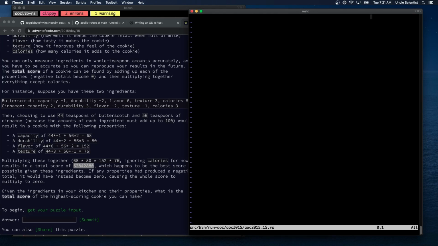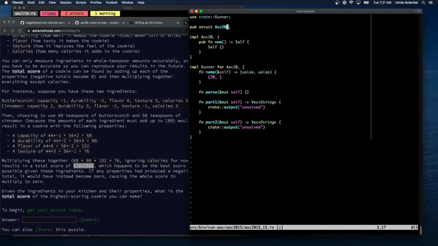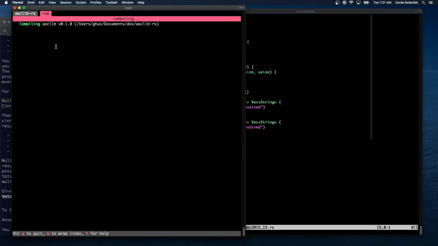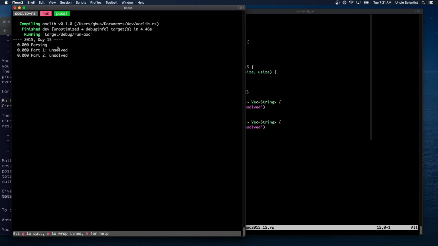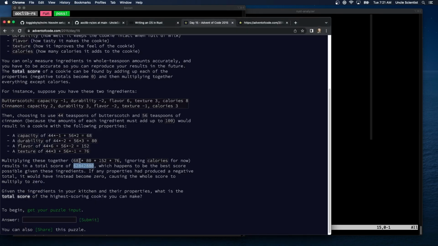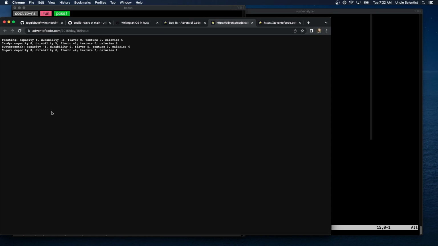And then we have AOC, expand to 2015, oops, 15. There you go. Okay. So now we should be able to run, and we should see unsolved for both answers. Good. Now the input is tiny.